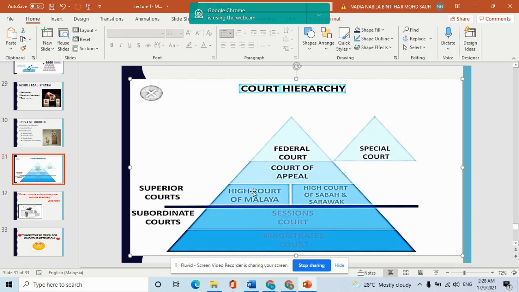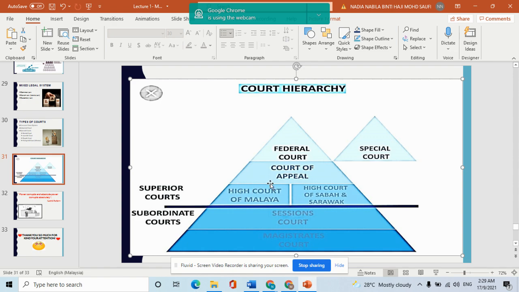For example, in Kelantan there will be a few courts, and those courts are still under the High Court of Malaya. The High Court of Sabah and Sarawak would cover all the constituents under Sabah and Sarawak. So the sessions court and magistrate court are called subordinate courts.